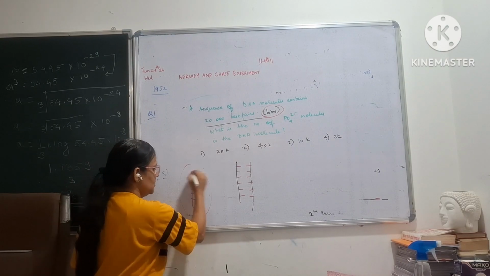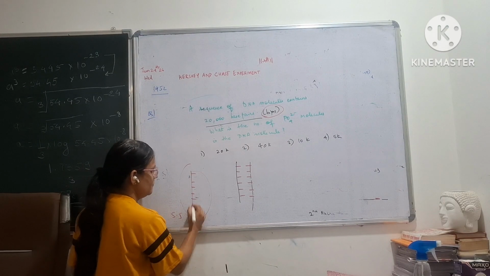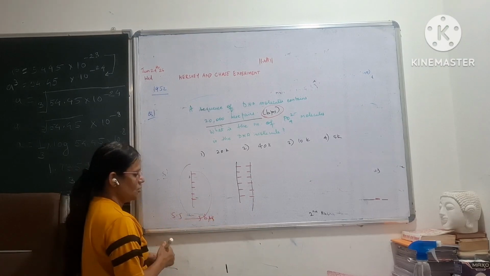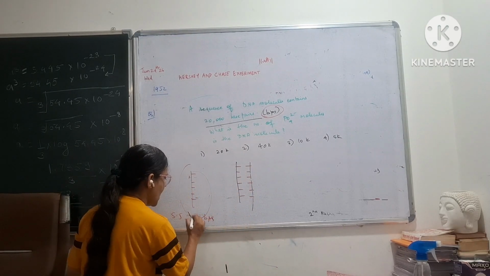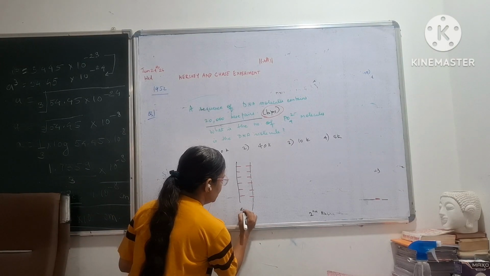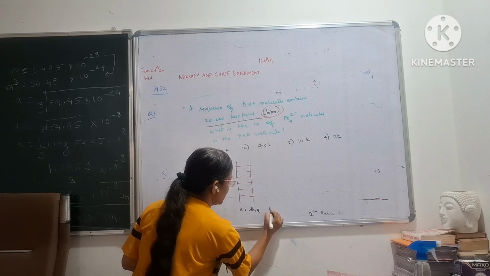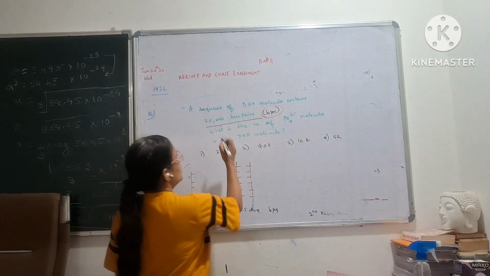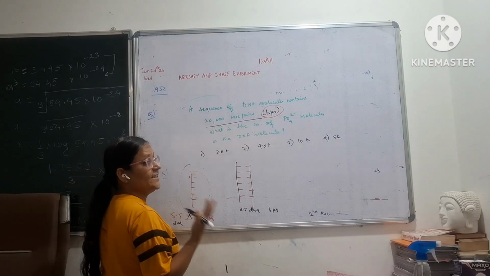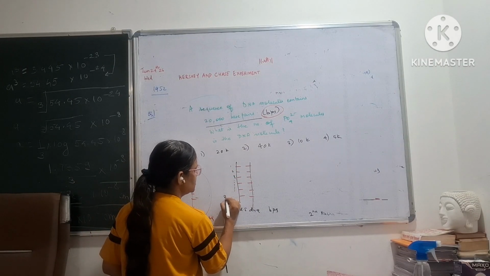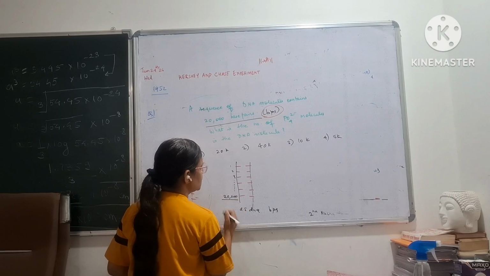So base pairs will be absent in single-stranded DNA. In double-stranded DNA, I will have base pairs, right? This is pretty clear. Now, how many base pairs are there? 20,000. So, 1, 2, 3, like this, 20,000 base pairs are there.